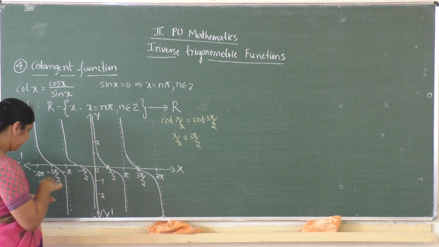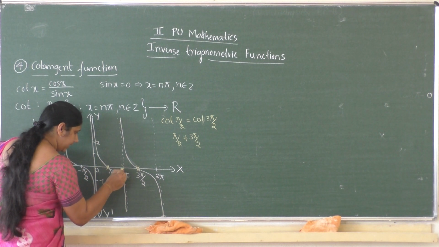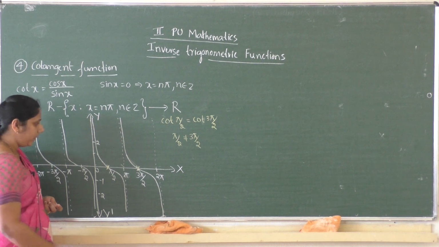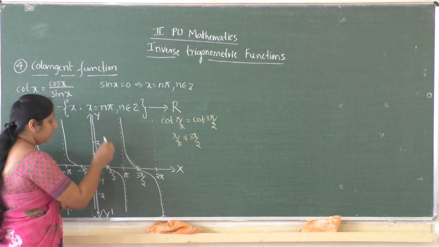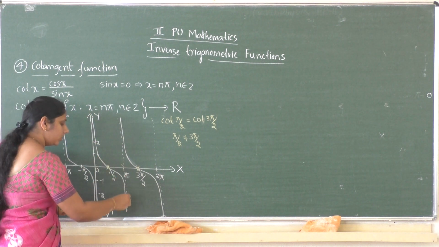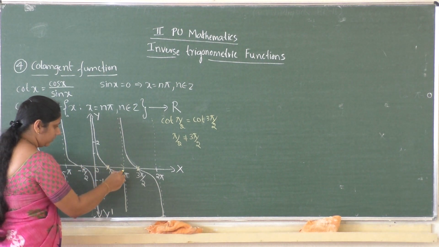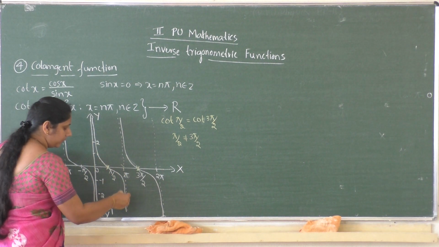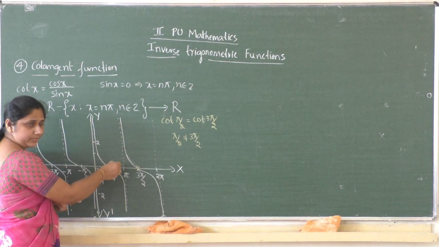Now see here, if I take the open interval 0 to pi, see the graph, there is no repetition in the values, right? Actually the graph decreases from infinity to 0 and 0 to minus infinity. So in this interval, since there is no repetition in the values, the function will be one-one.